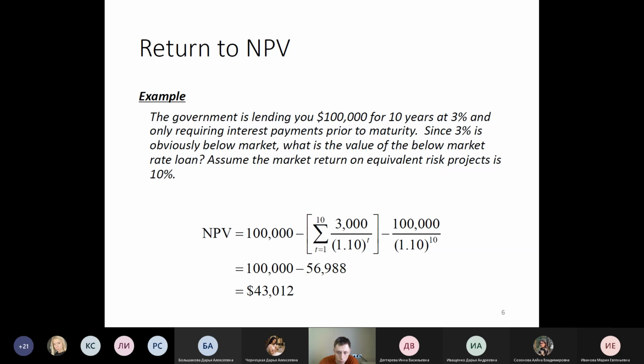Here is an example. So there is some market rate. Maybe it was a special, it can be kind of the support from the state to provide loans at the subsidized rate. Then we would have a positive NPV of a financing decision of this kind.